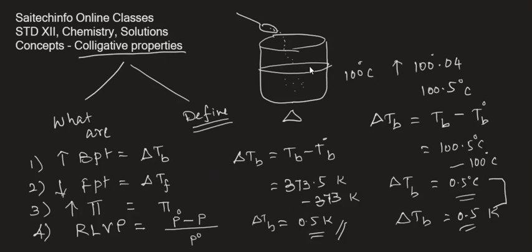Are you able to understand? So from this, you can have one important statement: colligative property depends on the amount of substance, the number of moles of substance, or you can say colligative property depends on the weight of the solute present in the system.